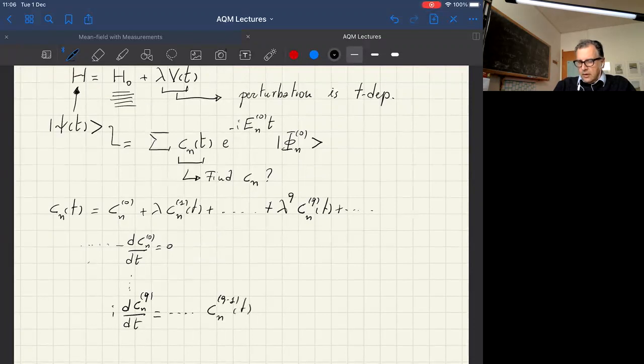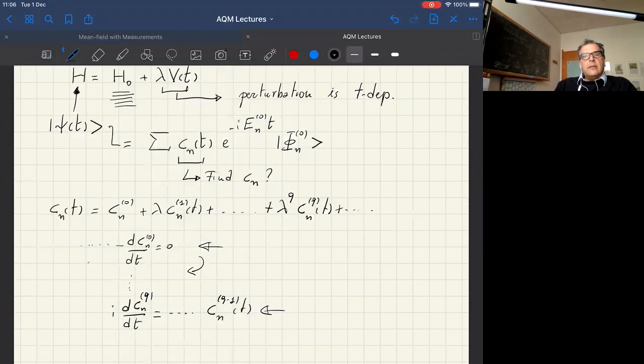So we had this chain of equations. You start solving this, then go to the next one, and the next one, and you decide to stop at some point.